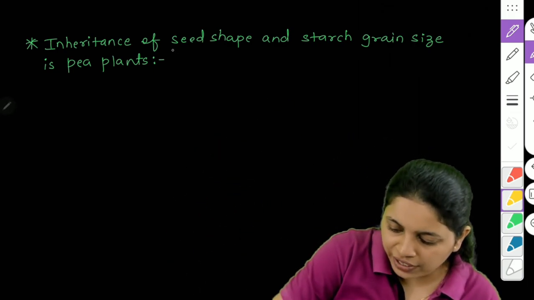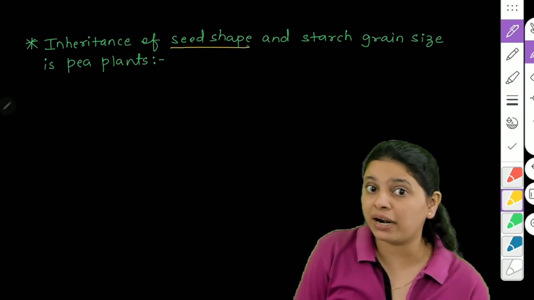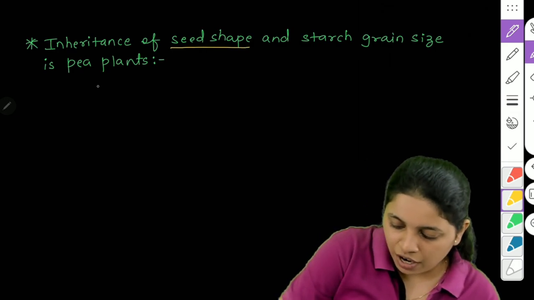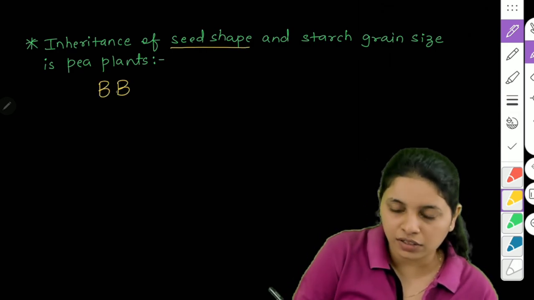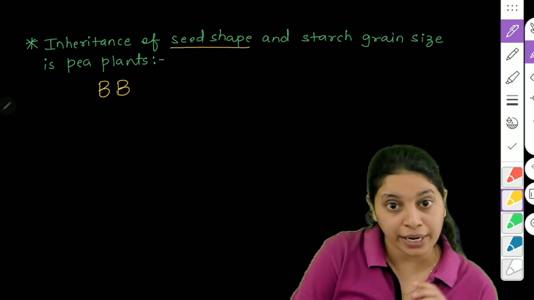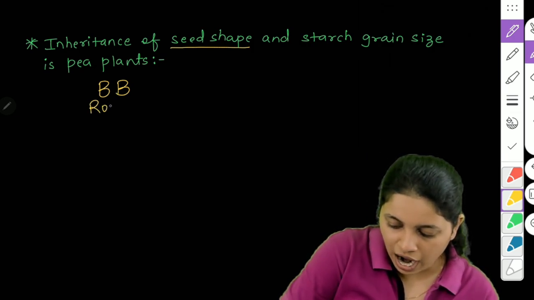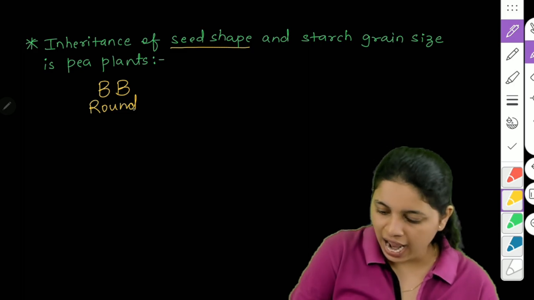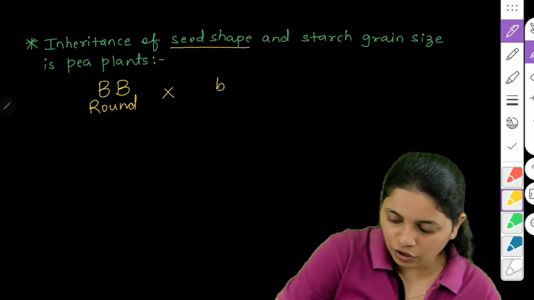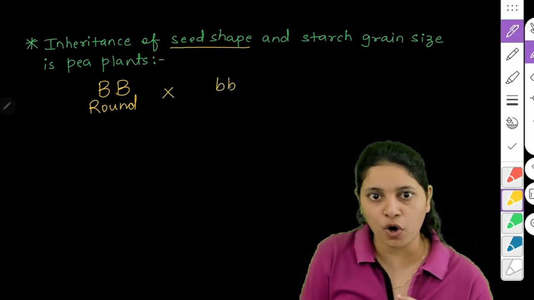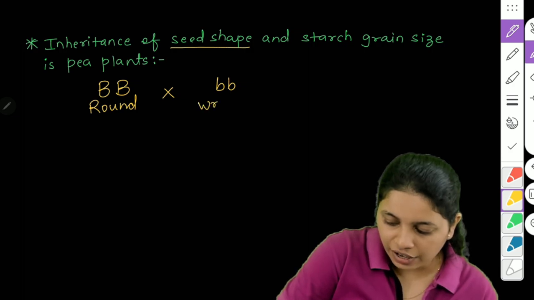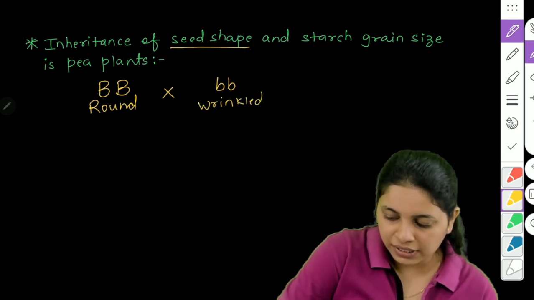So, if we take the character of seed shape and make the cross, what can we see? First, let's say we take the pure plant with round shape, capital B, and cross it with the contrasting form, again pure, small b. This has wrinkled shape seeds.